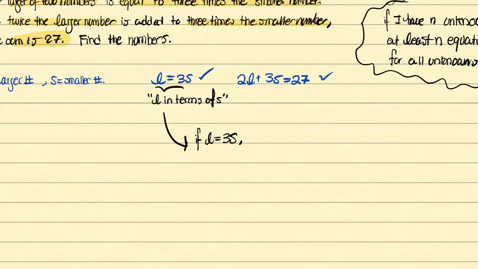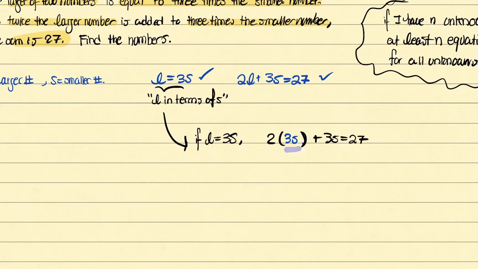So what I'm going to do is plug in what L is in terms of S. So now I can get rid of L in this equation and say, oh, L is 3s.